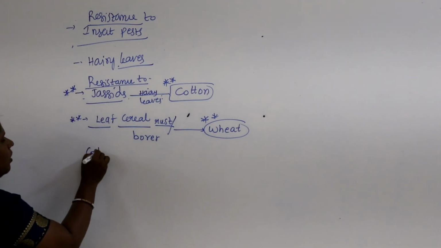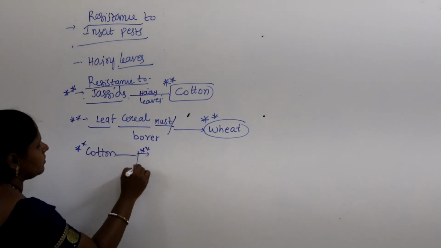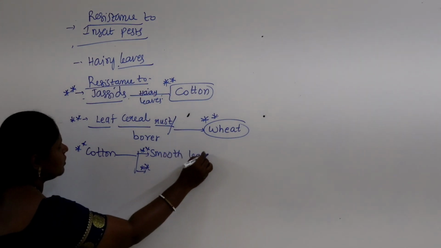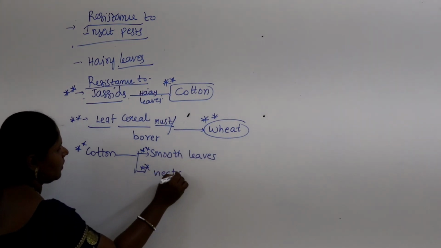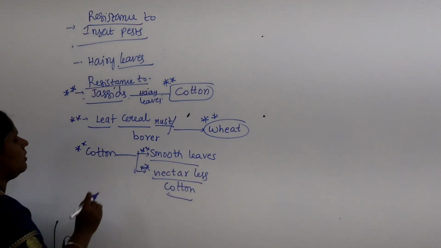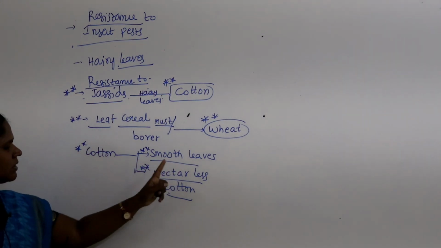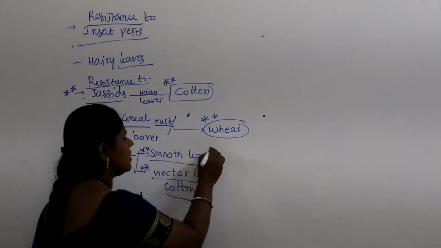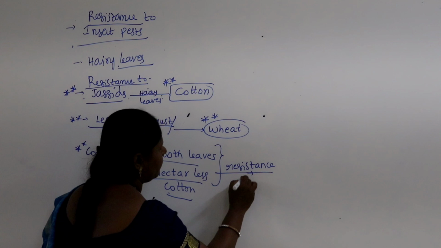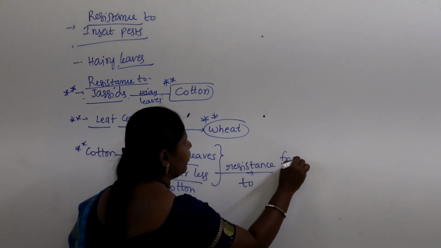So here cotton, here because it shows two important characters. What are they? Smooth leaves, nectarless cotton. Cotton, it's because of the two important characters, smooth leaves and nectarless cotton, it shows resistance to what you call stem borer, or you can say fruit borer.